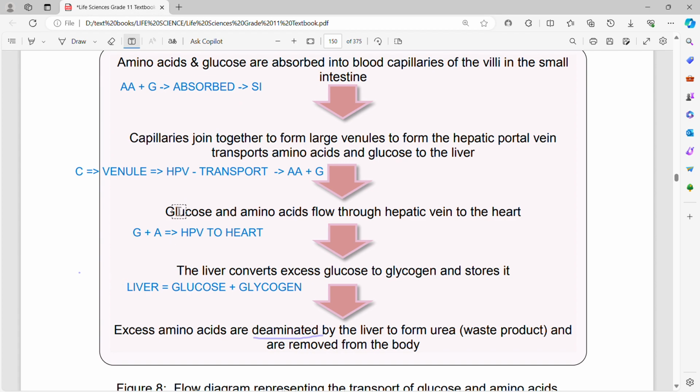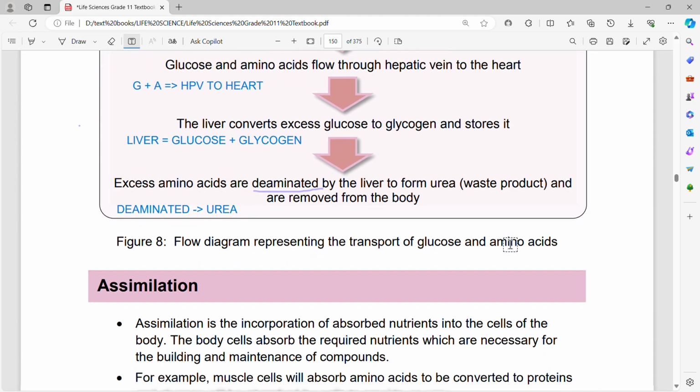Then amino acid and glucose from the hepatic portal vein will travel to your heart, and in the liver it will convert the extra glucose to glycogen and store it, and then excess amino acids are deaminated by the liver to form urea, a waste product, which is then removed from the body.